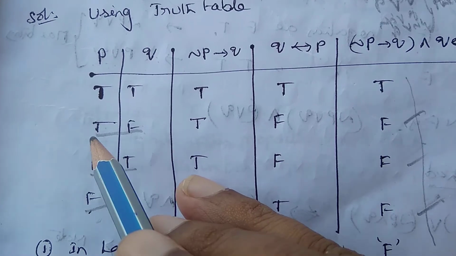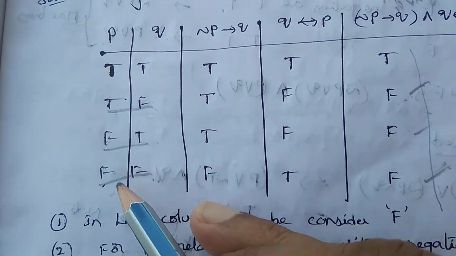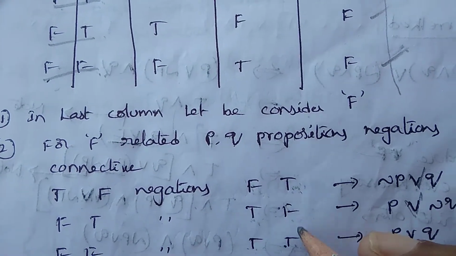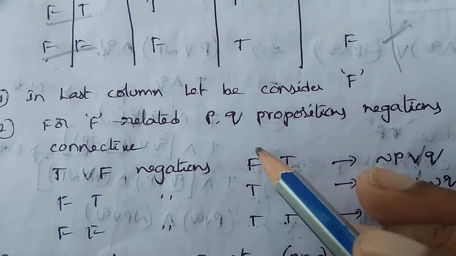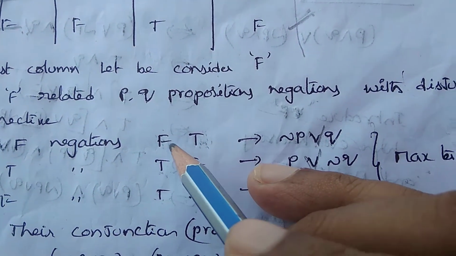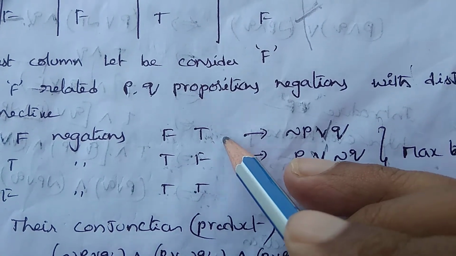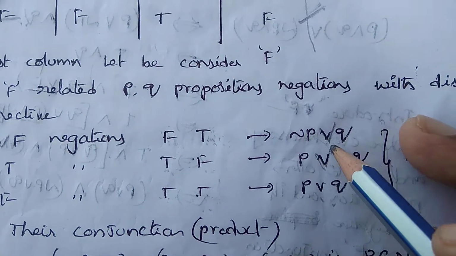For F values, write the truth values of the propositions and their negations also. In the negations, write the propositions with the conjunction symbol. So for F, you have to put negation. For T, you have to put the same proposition symbol.